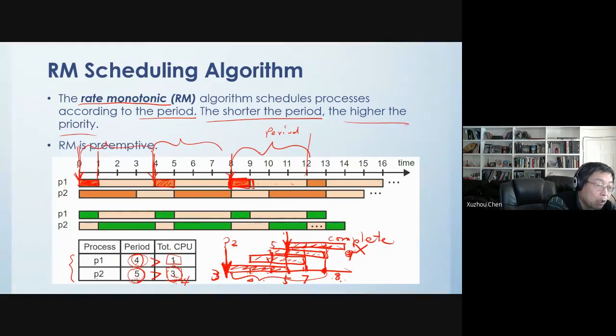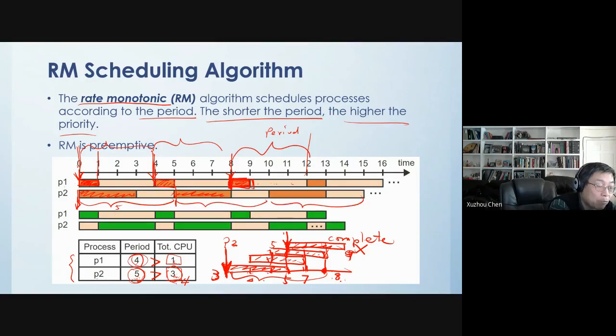Also for process 2, the period is 5 and the CPU burst is 3. Now, if you request the CPU and get it immediately, you are in good shape. So that's the next period, and the next period.